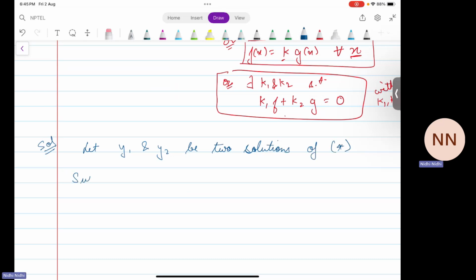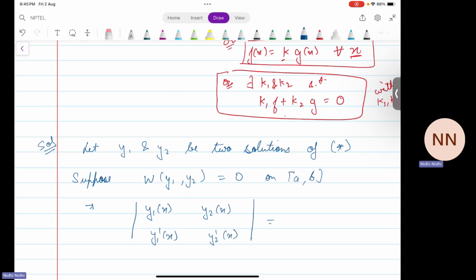Suppose the Wronskian of y1, y2 is equal to 0 on the closed interval [a, b]. That means the determinant y1(x), y2(x), y1 dash (x), y2 dash (x) is equal to 0 for every x in [a, b].